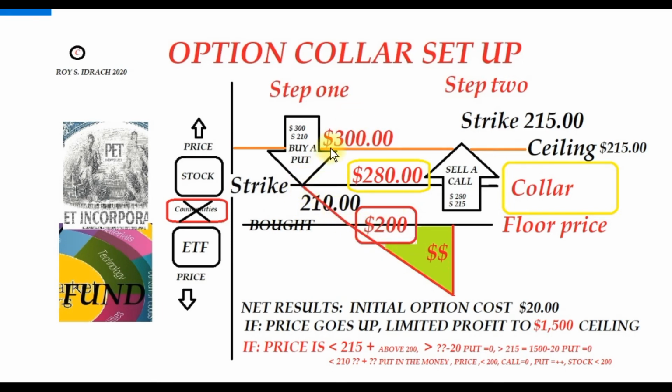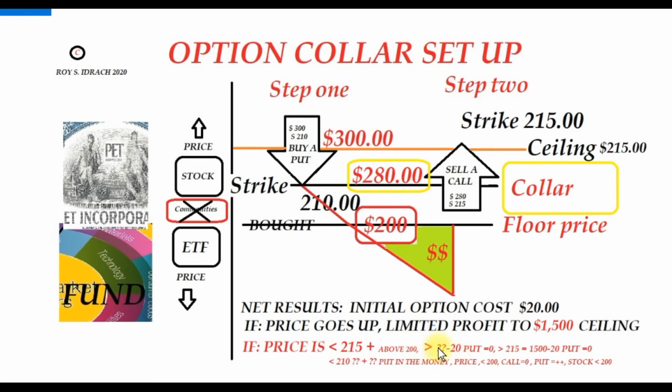So this option is going to go in premium, and as it goes down, it's probably going to get $500 or more. If it stays in the same place, you're only going to lose $20. So if the price goes less than 215, plus above 220, how much is going to be here? More than minus 20.